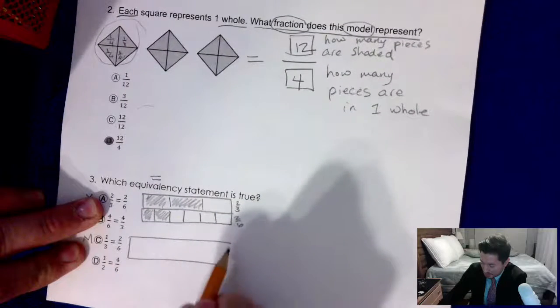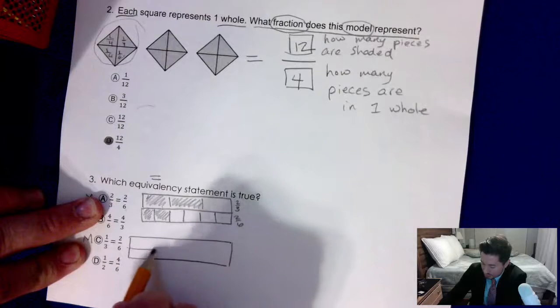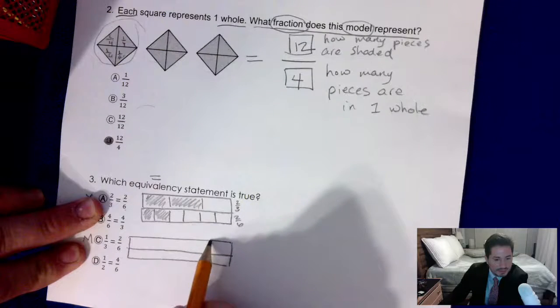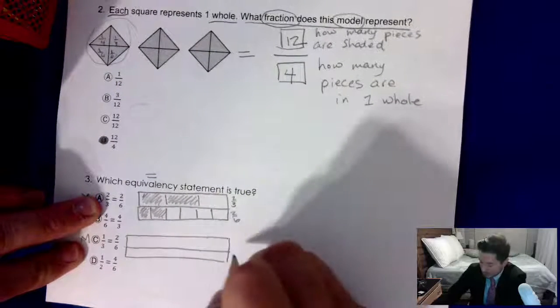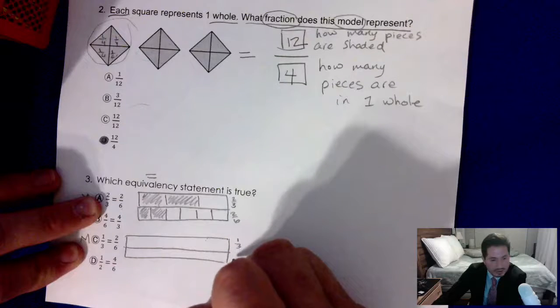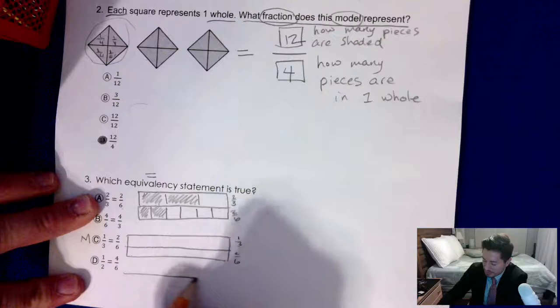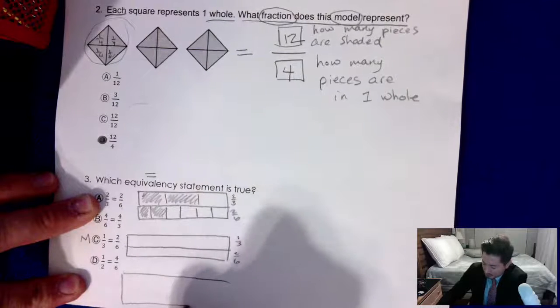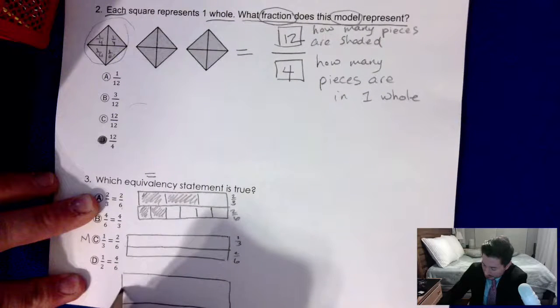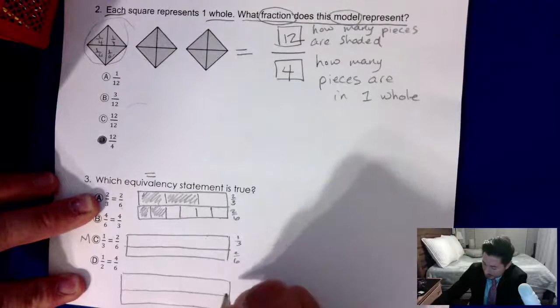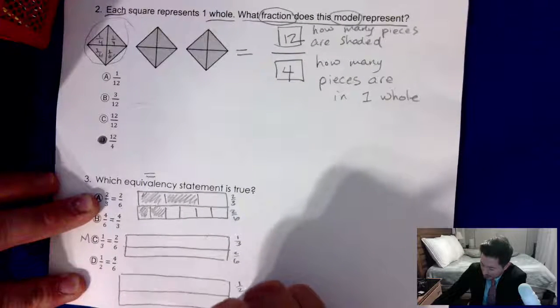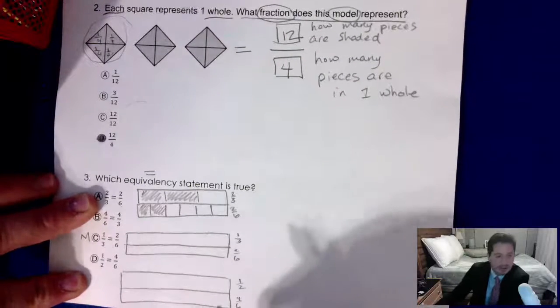And make it big enough so I can have 2 wholes in here. Okay, this is going to be my first whole, second whole. 1/3 up here, and I'll make 2/6 down here. Same thing for D. I'm going to do 1/2 over here and 4/6 over here.